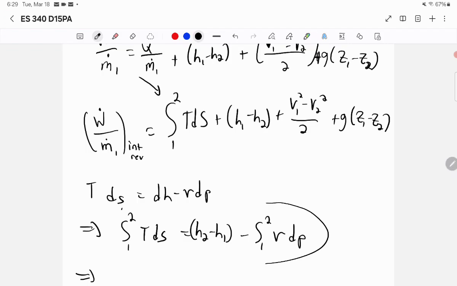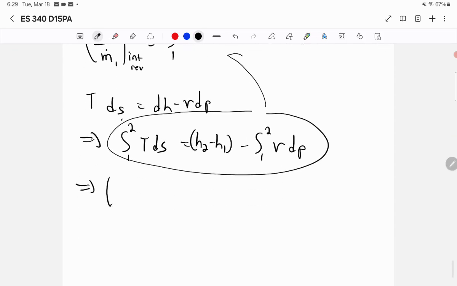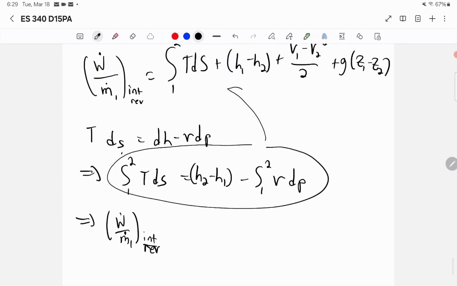this thing up here can be substituted in here. Obviously, if I subtract the h2 and the h1 over, I get h1 minus h2. So if I do that, then I can rewrite this as W dot over m dot internally reversible. Again, this all is assuming internal reversibility, so don't forget that part.